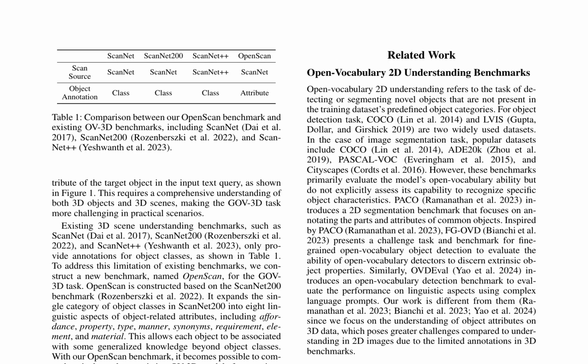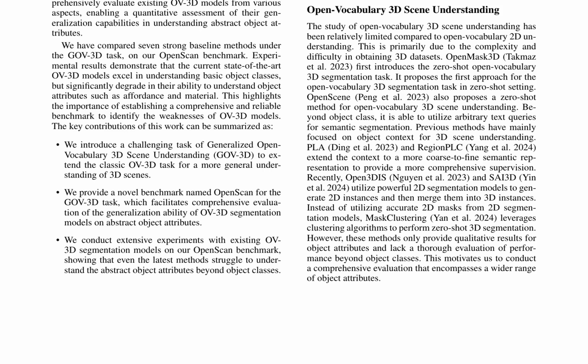The paper also provides a review of related work in Open Vocabulary 2D and 3D understanding benchmarks, including COCO, LVIS, ADE20K, Pascal VOC, Cityscapes, PACO, FGOVD, OVD Eval, OpenMask 3D, OpenScene, PLA, Region PLC, Open3DIS, SAI 3D, and mask clustering.